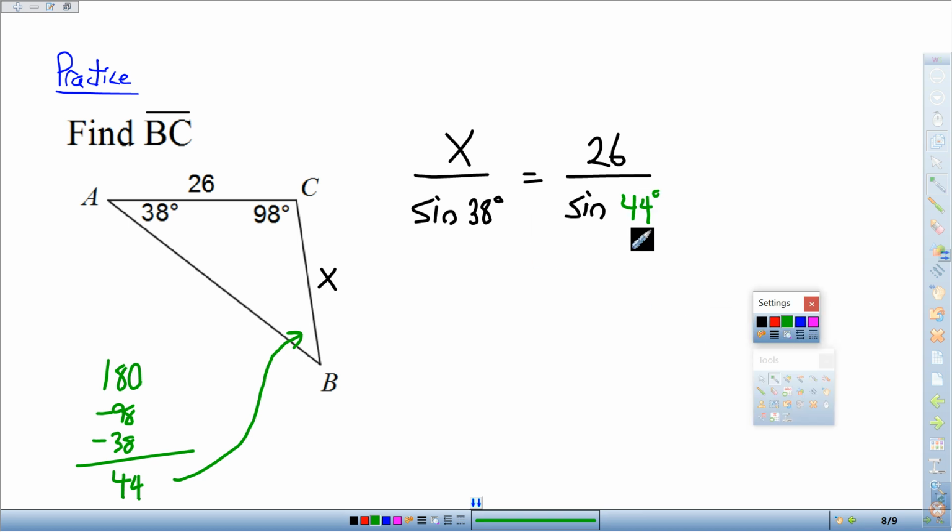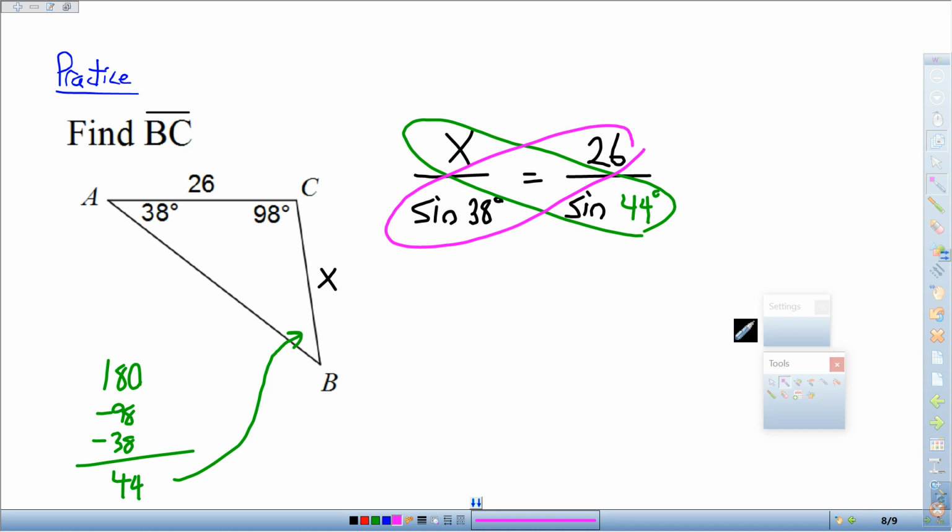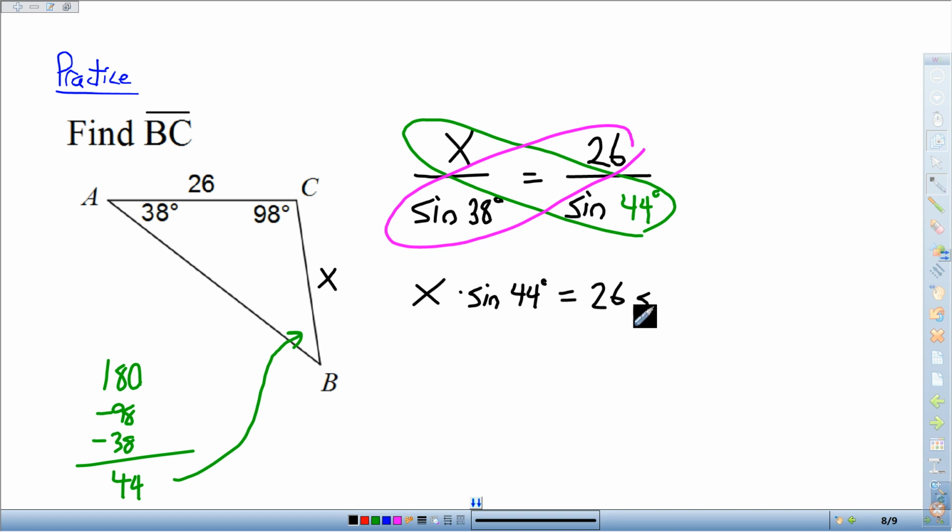So what happens? We get x times sine 44, and let's just switch up these colors, equals 26 times sine 38. All right, and solving for x, get rid of sine 44 by dividing both sides.